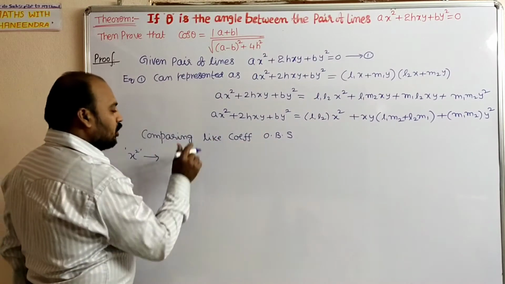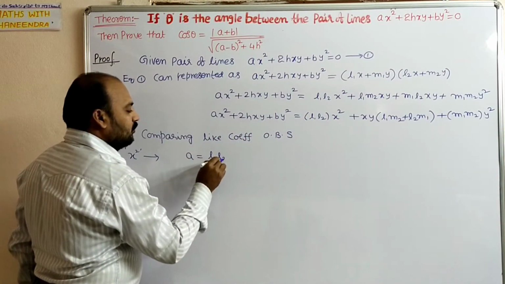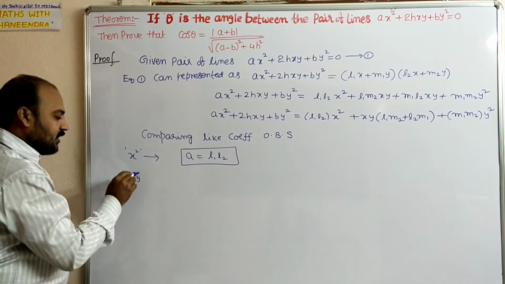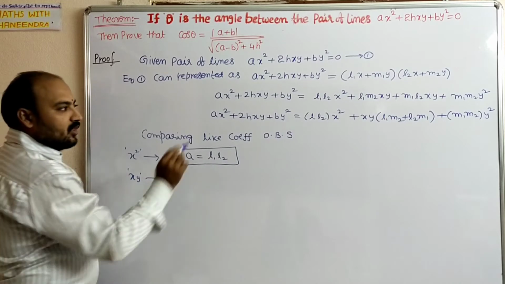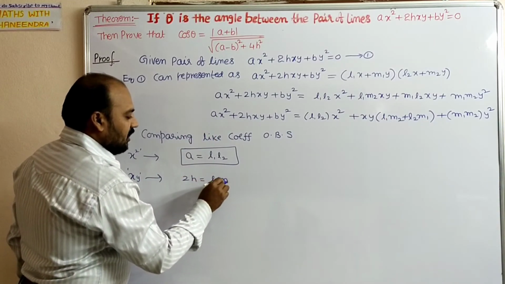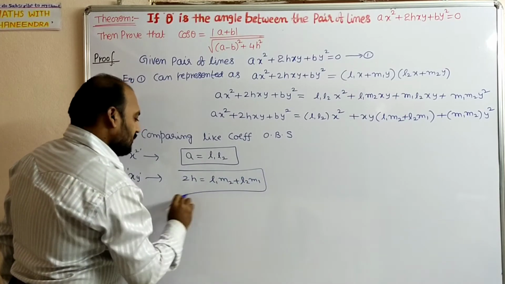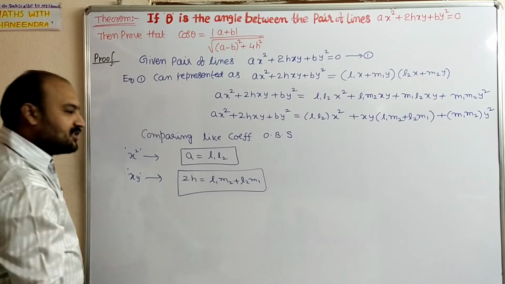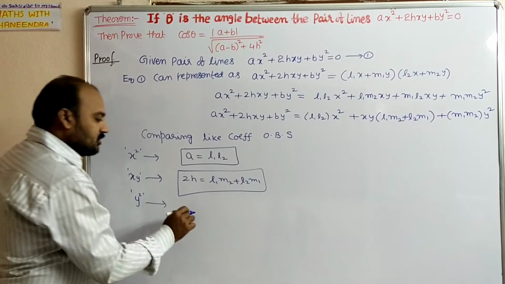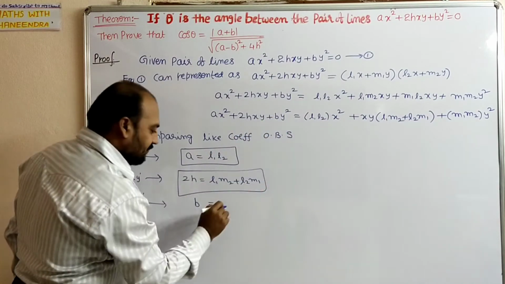Here the x square coefficient is a, and there it is L1 L2. Similarly, comparing xy coefficients, 2h is equal to L1 M2 plus L2 M1. These results we will use in the coming steps. And the y square coefficients on both sides: b equals M1 M2.